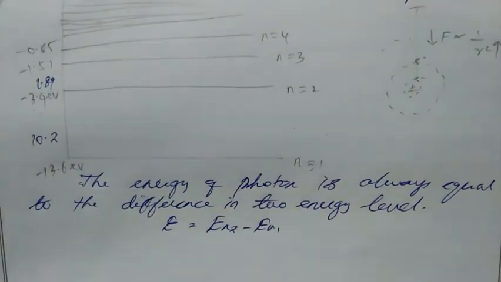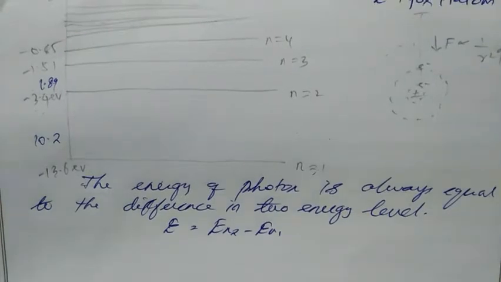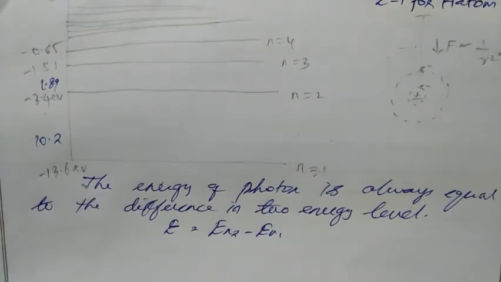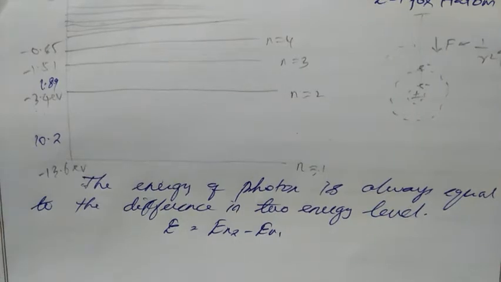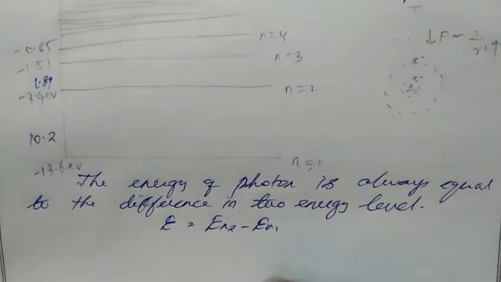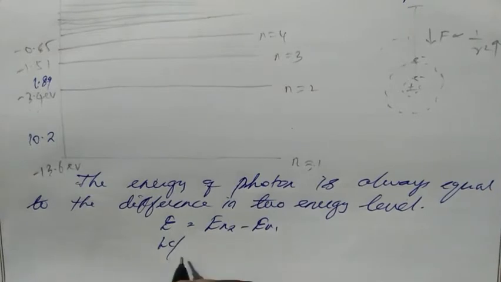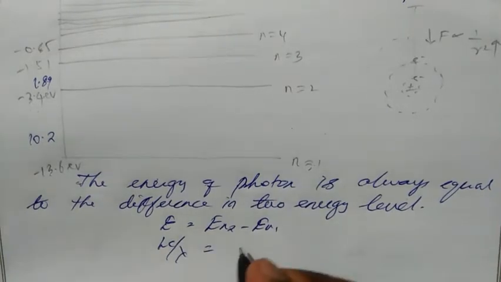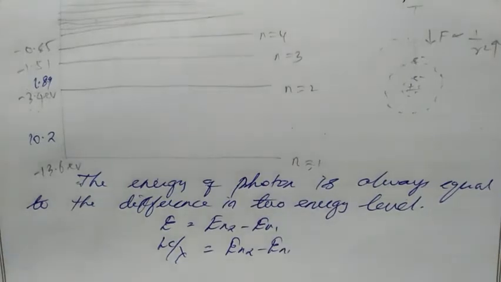So likewise the difference value will decrease. So the total energy is equal to the difference in two energy levels. Clear? But here we have certain drawbacks. We can also rewrite this equation as energy equal to hc by lambda, equal to En2 minus En1.